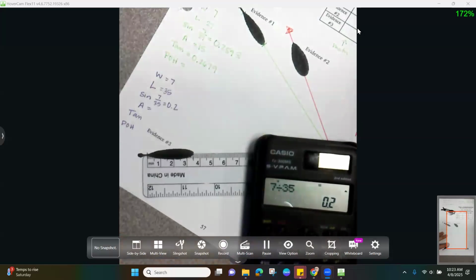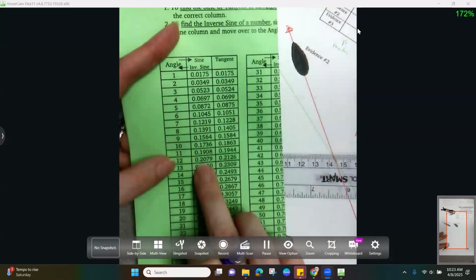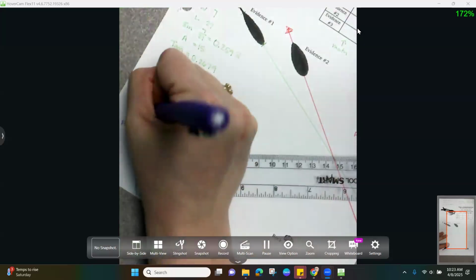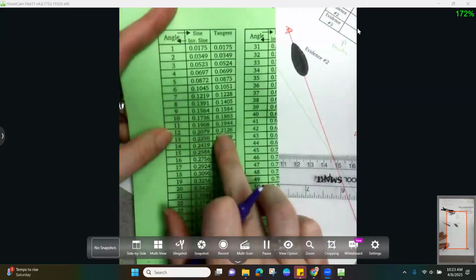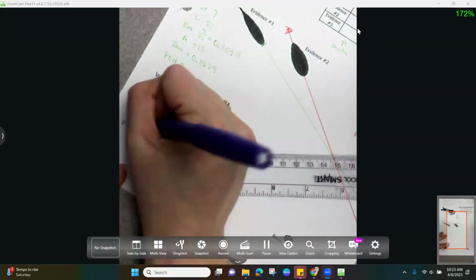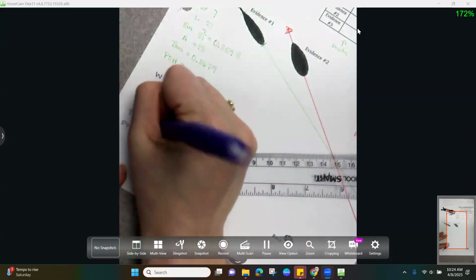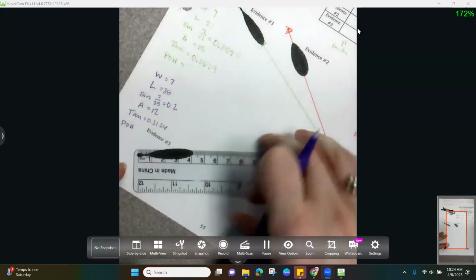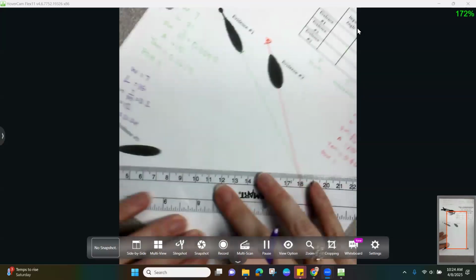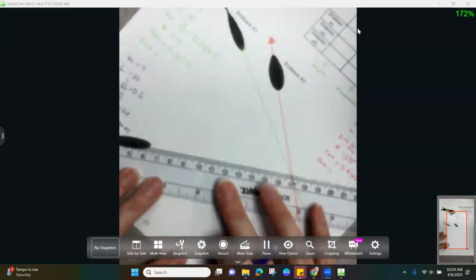Find it on your sheet. 0.2 is 12. It's closest to 12. Tangent is 2126. Draw your line through the middle.